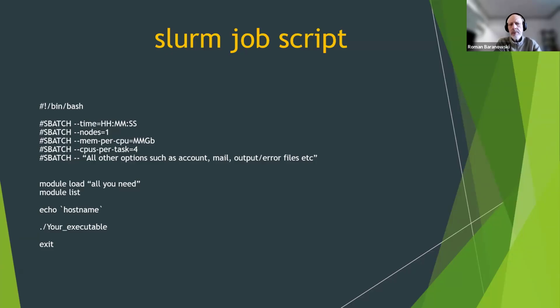And then you also have to specify all other options, such as an account, which is mandatory, where your input is, where your output goes, where your error messages go. Would you like to be informed by the scheduler that your program has started or failed or finished?